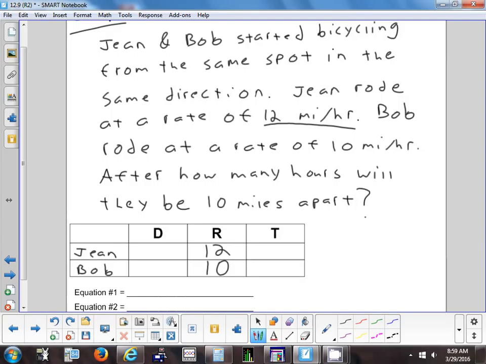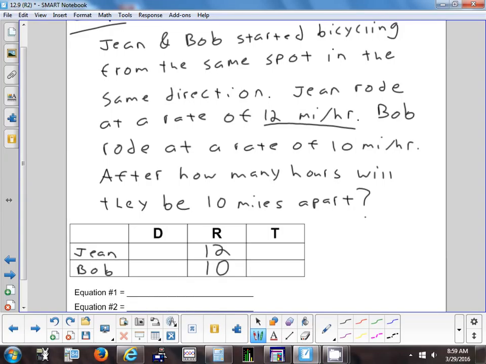Okay. It says, after how many hours will they be 10 miles apart? So, are they each starting at the same time? What do you think, Caitlin? Yeah, it says Gene and Bob started bicycling from the same spot and going in the same direction.